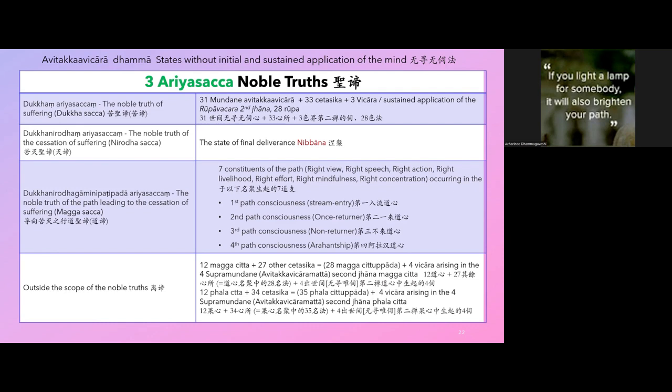And 12 phala chitta and 34 cetasika. These give rise to 35 phala chittupada. They are the 3rd, 4th, and 5th jhana phala chitta cetasika. And we again get 4 vichara arising in the 4 supramundane second jhana phala chitta, the avitakkaavicāramattā chitta. So these are all outside the scope of the Noble Truths.